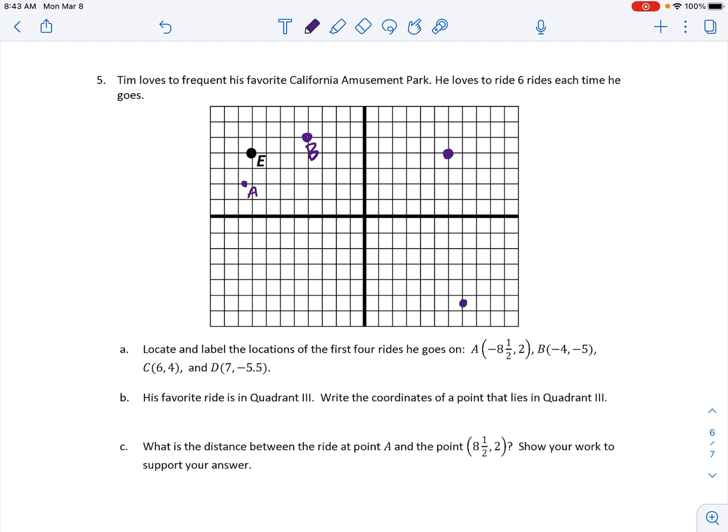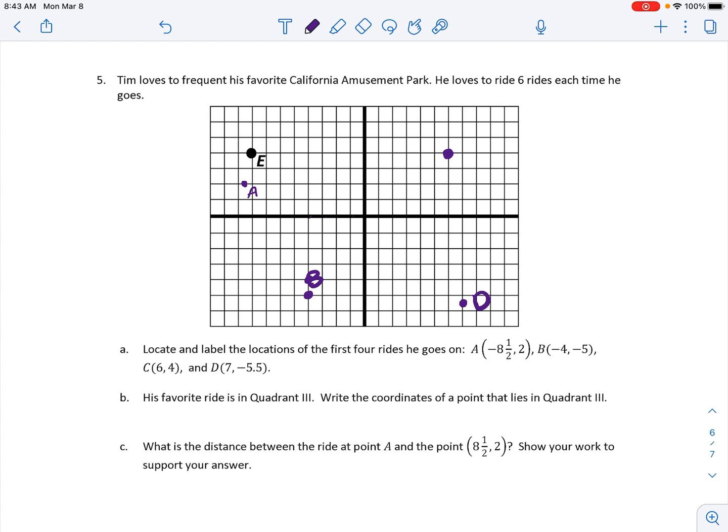It's going to go right here, and that's going to be labeled D. Letter B says his favorite ride is in quadrant 3. Oh, I'm sorry, letter B was supposed to be -4 and -5. So this is -4 down to 5. Right here. And that was B.